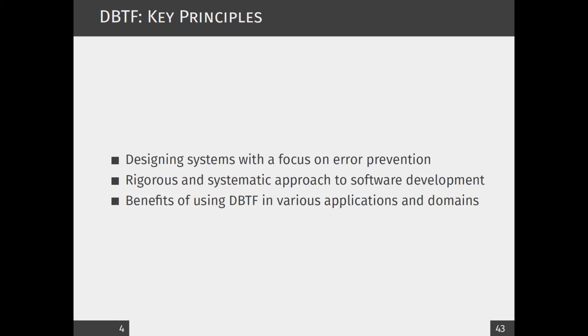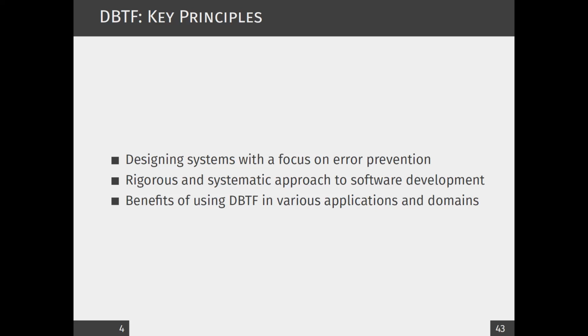Now, as you can see, there are key principles in any technique of designing software. For example, we were discussing in the very beginning software development life cycles like waterfall, and then agile like Scrum.